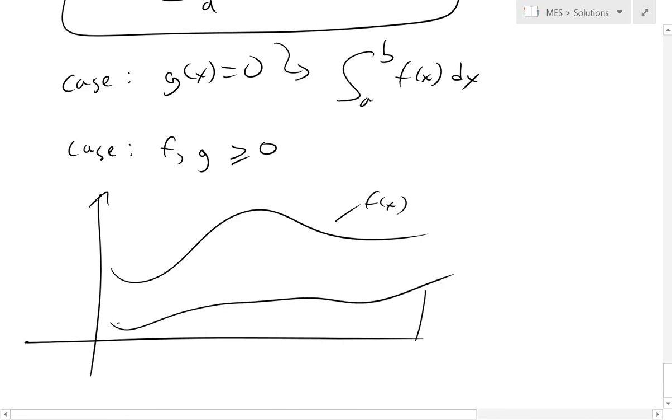This is the area under f of x minus the area under g of x right here. Let me highlight this out: this is the S region which we wanted to get, and it is this total area minus this one right here.